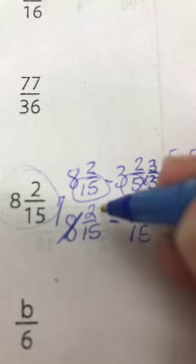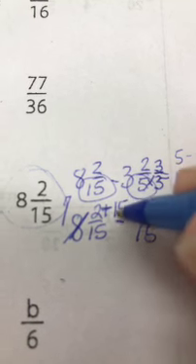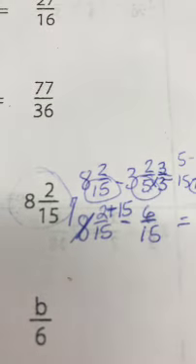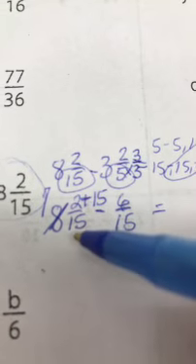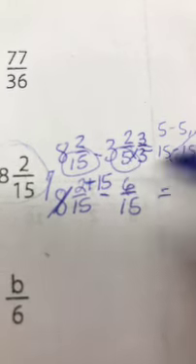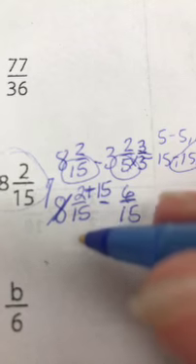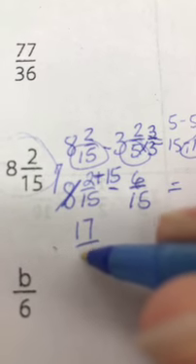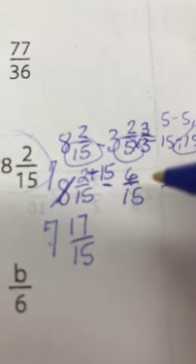Right, I'm going to add 15 to the 2 that I already have, because 15 fifteenths equals 1 whole. So if I had 2 fifteenths and now I'm adding the 15 fifteenths, now I actually have 17 fifteenths. Well, 7 and 17 fifteenths.